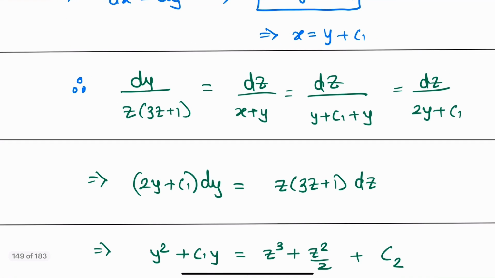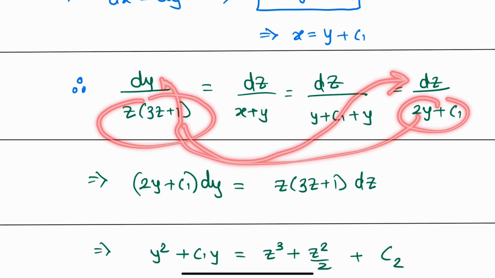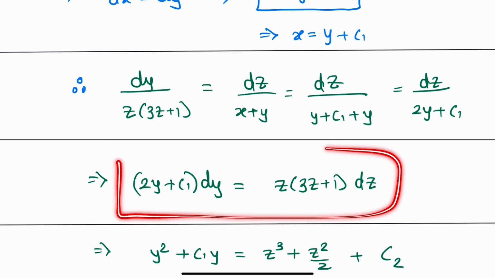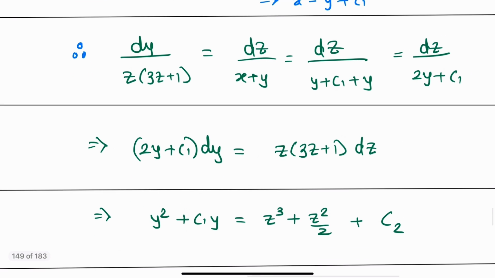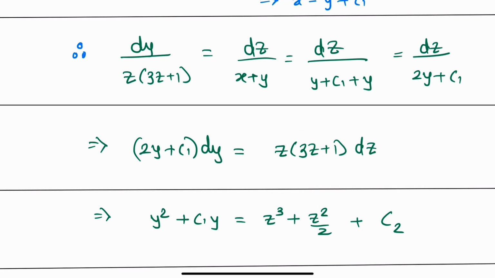Cross multiplying, this is multiplied here and this particular term is multiplied here. That is what we have written here. Now it is easily integrable: y square plus c1 y equals, integrating it, z cube by 3 into 3, the 3 will get cancelled out, so it is z cube. Similarly, z square by 2 plus c2.